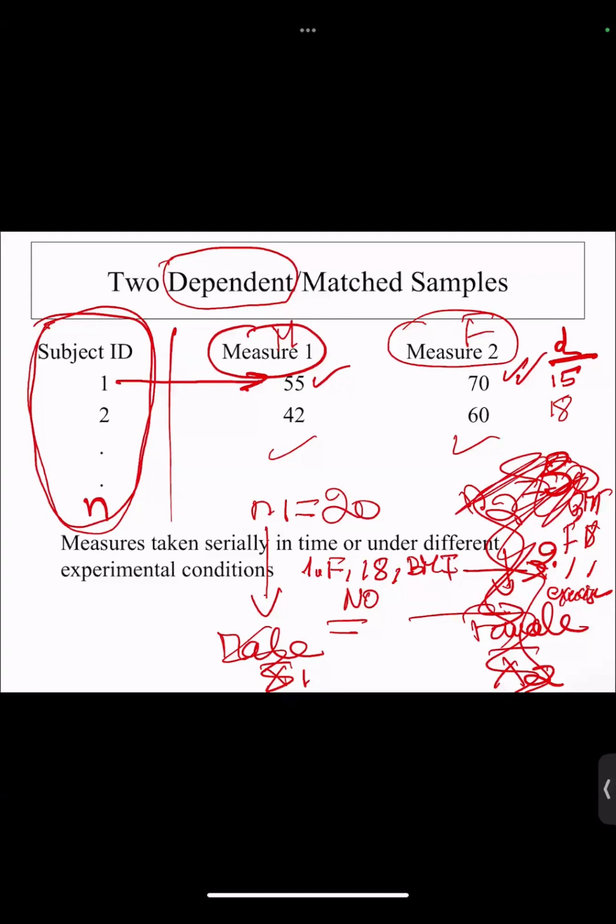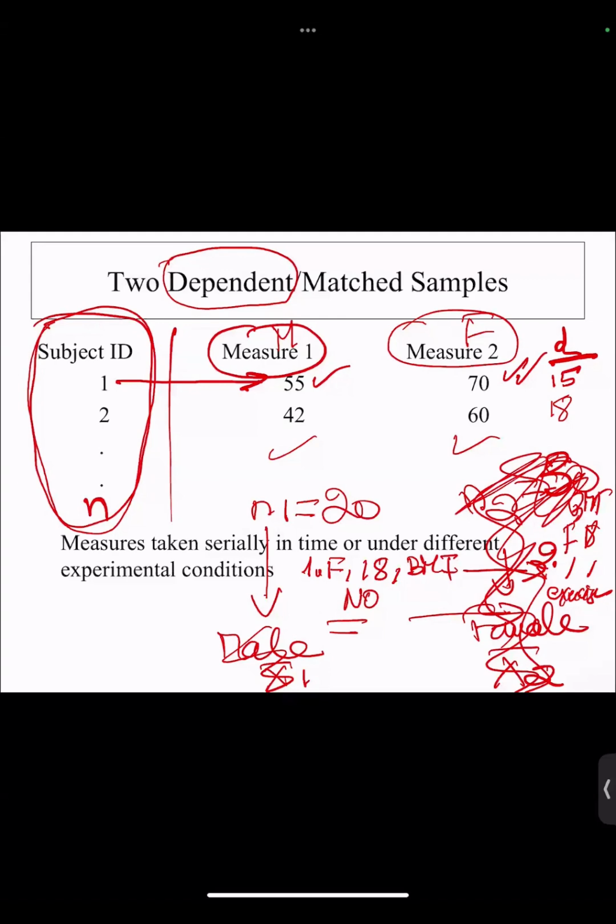I give you a short Google form and ask you about age, gender, body mass index, weight, and height. Based on the data I find, I compare body mass index between male and female, between age groups, whatever.